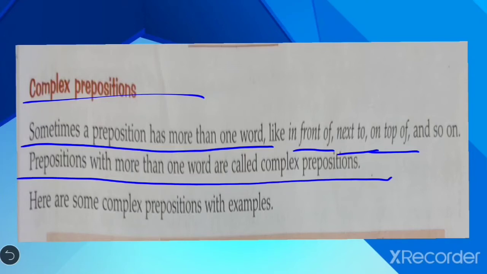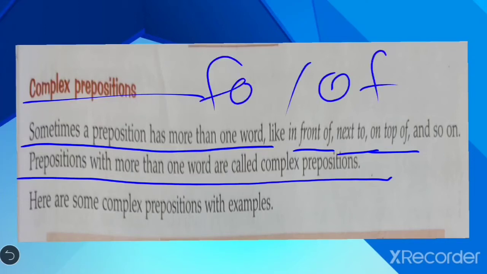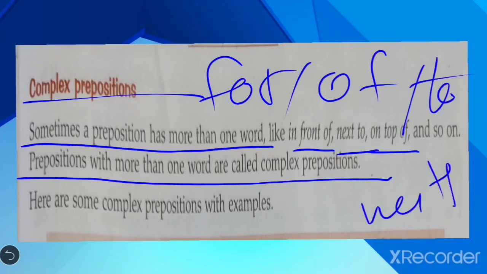We have learned simple preposition means only one word, and complex prepositions means the prepositions with more than one word. So here you can understand that earlier we have learned only of, only for, only to, only with, only at, on and in.